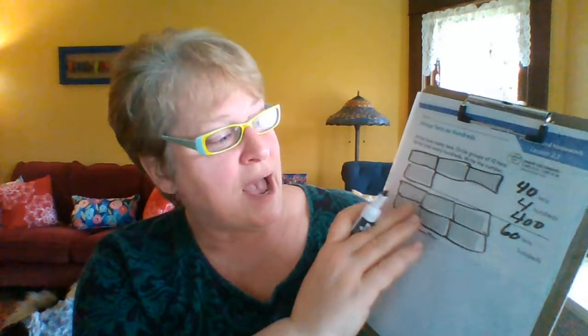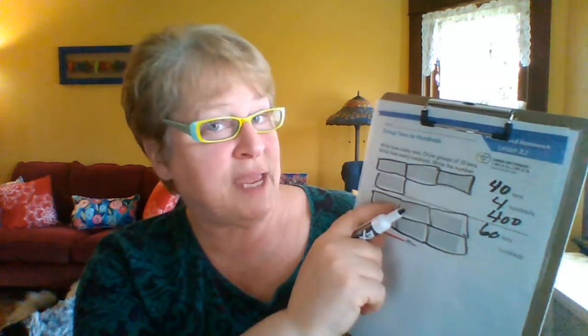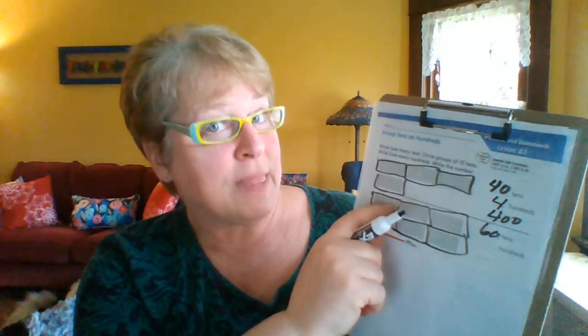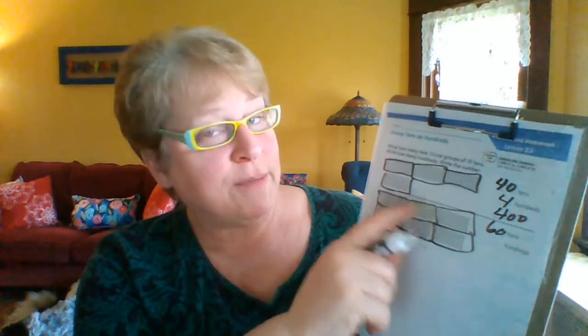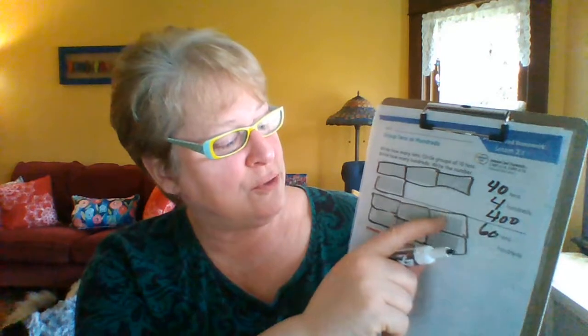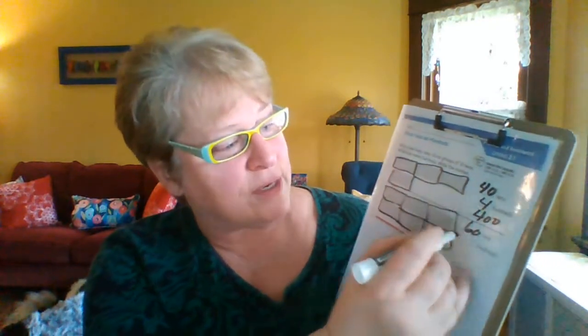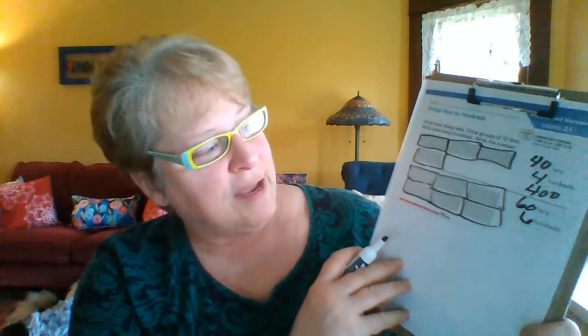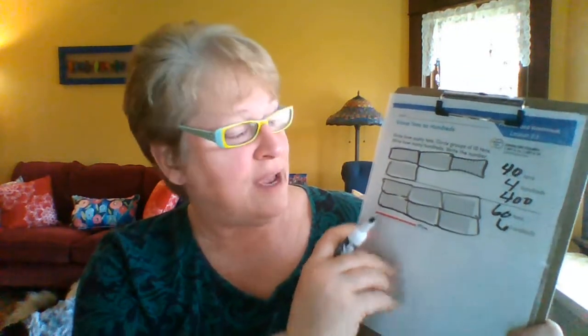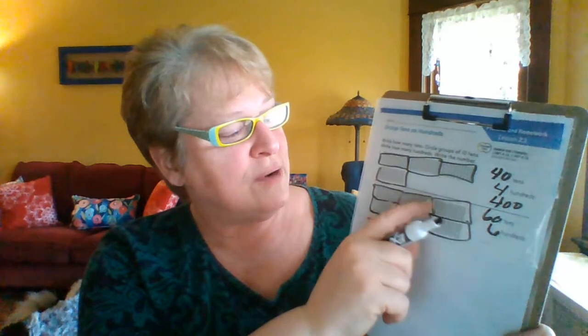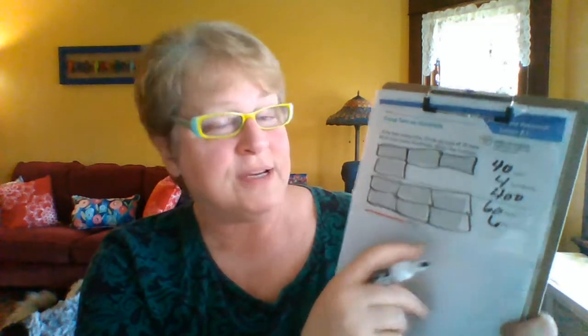Now, if I look at how many groups, because this makes 100, this makes 100. So I have how many groups of 100? 1, 2, 3, 4, 5, 6 groups of 100. All right. And now, because this is 100, I can count to see how much I have. 100, 200, 300, 400, 500, 600. So I have 600 in there.